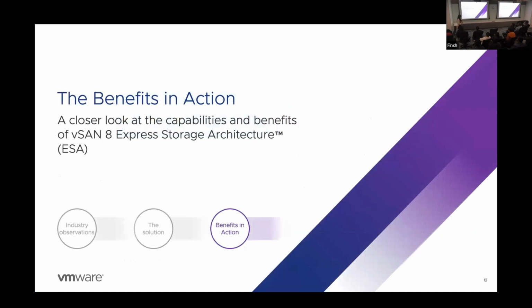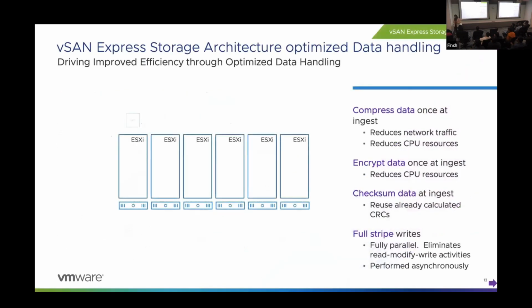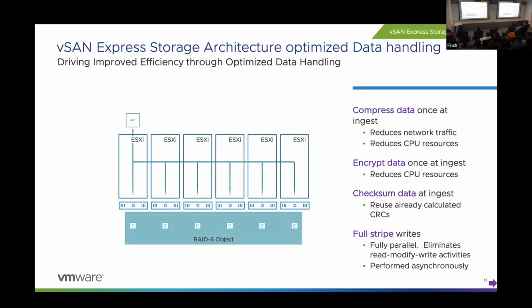Let's have a quick look at the benefits that are going in vSAN 8. So this is how normal data services work, right? You have compression, encryption, and checksum at each layer of storage device when the data is ingested.